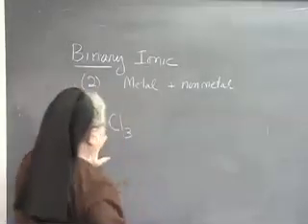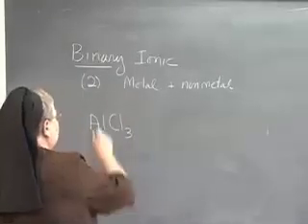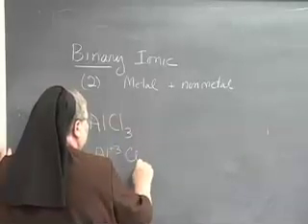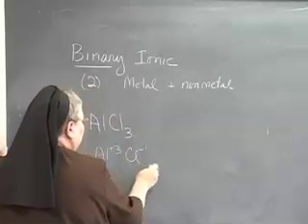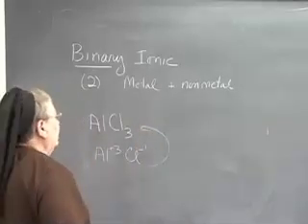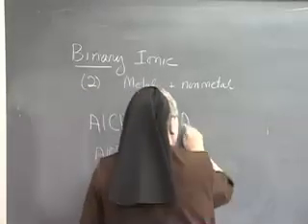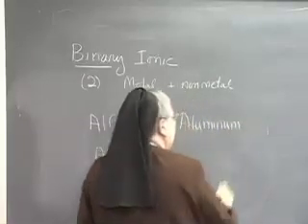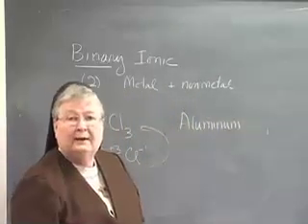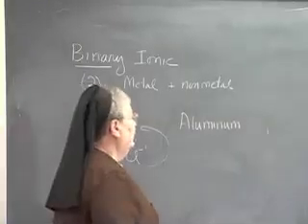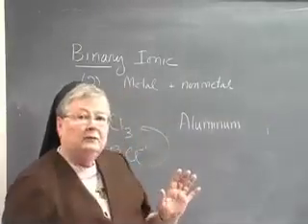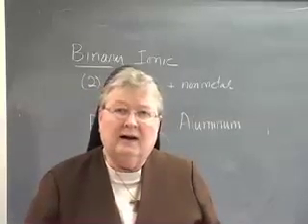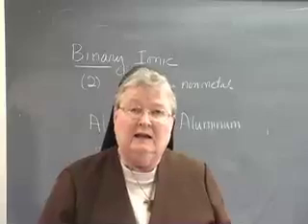So it is aluminum, which is a type 1 metal, and it was aluminum plus 3, and the chlorine was minus 1, and so that's how we got that formula. And so how are we going to name it? Well, we say the name of the metal, aluminum, and we don't need Roman numerals because it's a type 1 metal, always plus 3 charge. And now we have to name the nonmetal, and the nonmetal is chlorine, and we're going to change the ending of it from INE to IDE.